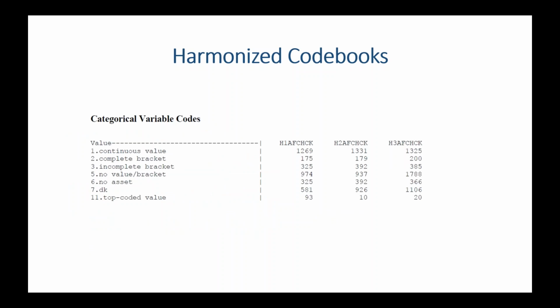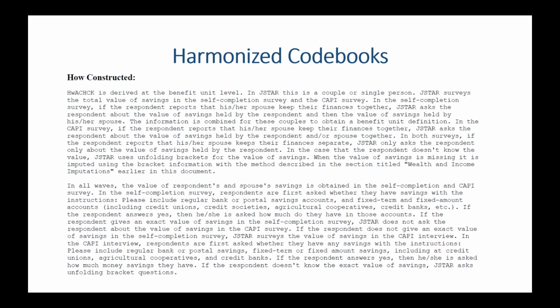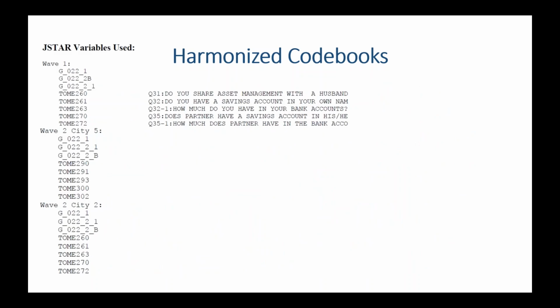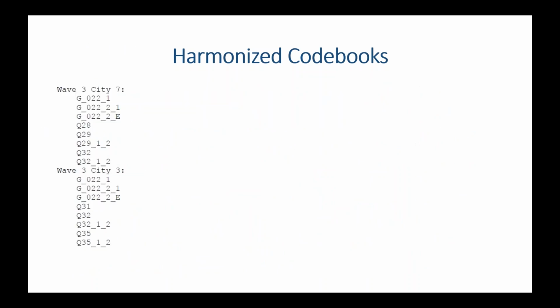This is based on a complete bracket where we know it was more than 10,000 yen but less than 20,000 yen, an incomplete bracket where let's say we knew it was more than 40,000 yen but we only know one side of that bracket, or whether we didn't have any information about the bracket. And then you can see our how constructed text here is much more complicated because it's a much more complicated creation. And then we list all those variables used.